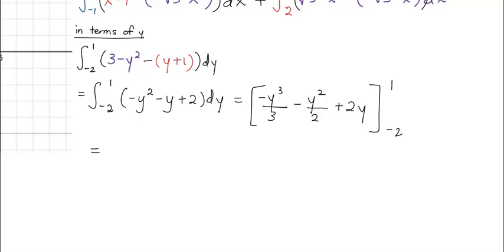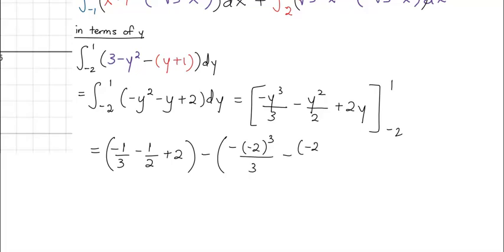So when we plug in our upper limit of 1, we have -1/3 minus 1/2 plus 2, and from that we are subtracting what we get when we plug in our lower limit of -2. And when we put all of this together, we are left with our final answer of 9/2.